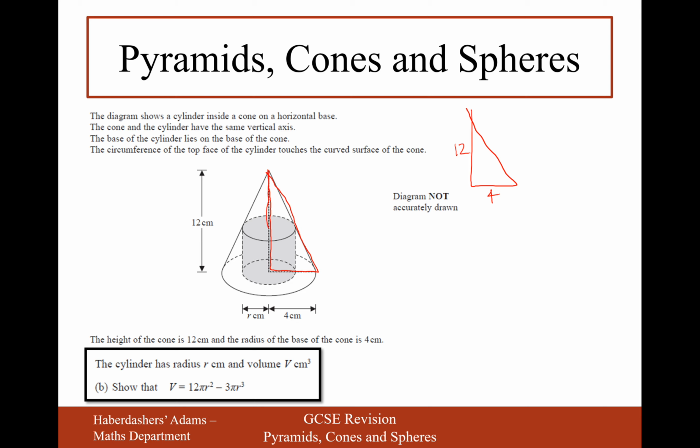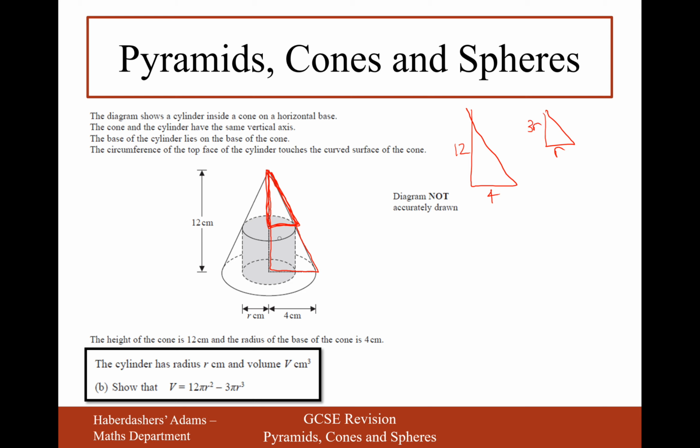And then if we take the smaller triangle inside here, you see on the top there, that will have a radius r. So therefore the height is going to be in the same ratio because they are similar triangles, so that's going to be 3r.